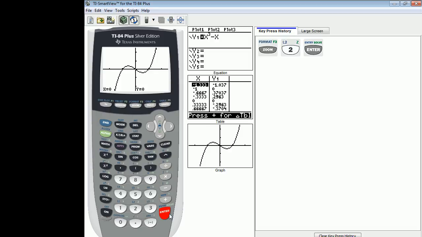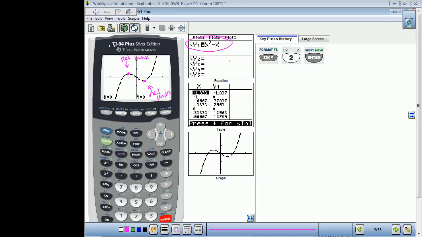This is one of the ones that doesn't have a max. Do you see that this one has a relative max and a relative min? They are not absolute. Odd degree functions either go up and down forever, no matter which way it goes, so they will have no absolutes.